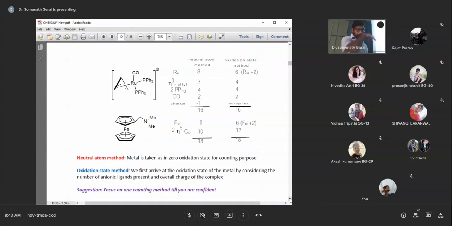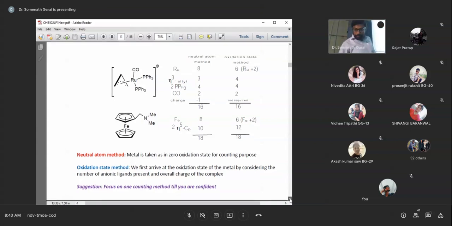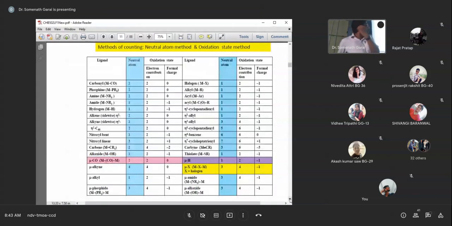Okay, now let us start calculating. Before that, I would go like how to know the number. For example, these are different types of ligands which might occur in your organometallic chemistry, and see how many electrons they are actually donating to the metal for bonding. If it is metal carbonyl, normally it donates 2 electrons.